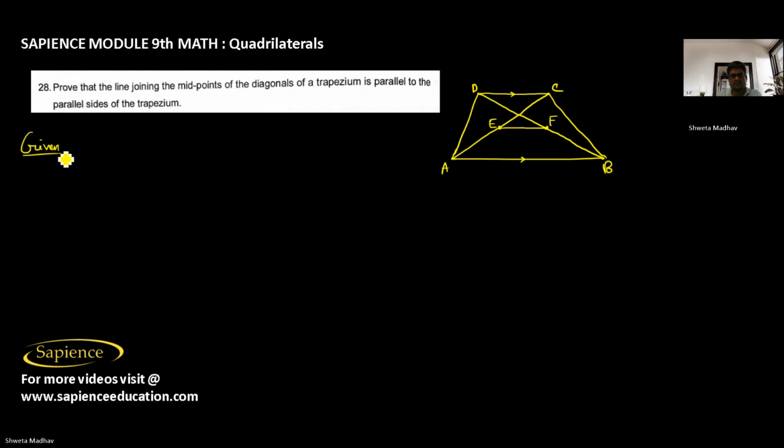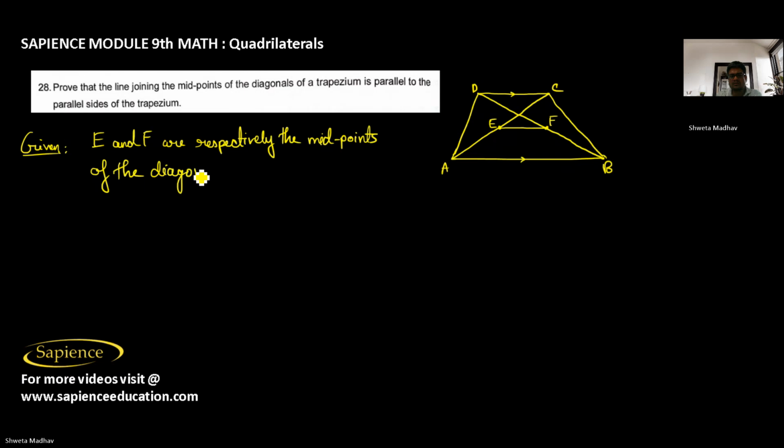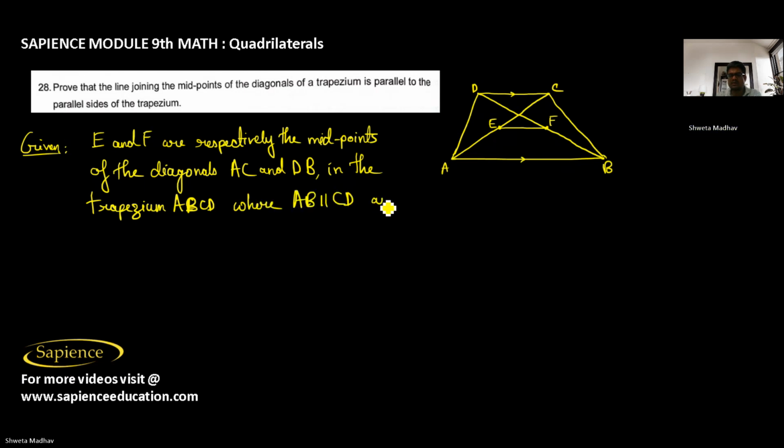So it is given that E and F are respectively the midpoints of the diagonals AC and DB in the trapezium ABCD, where AB is parallel to CD, and obviously AD and BC are the non-parallel sides.